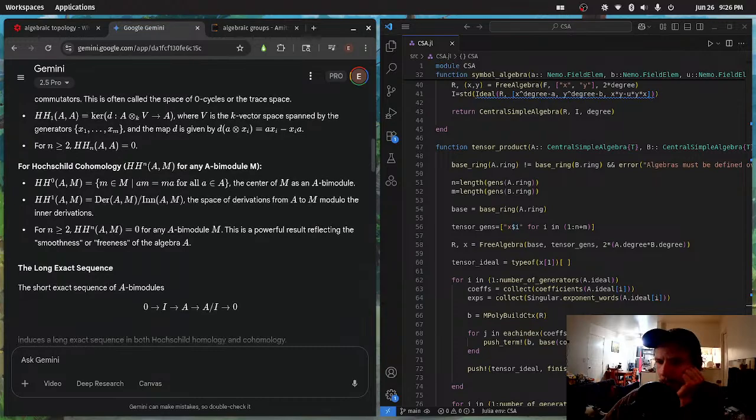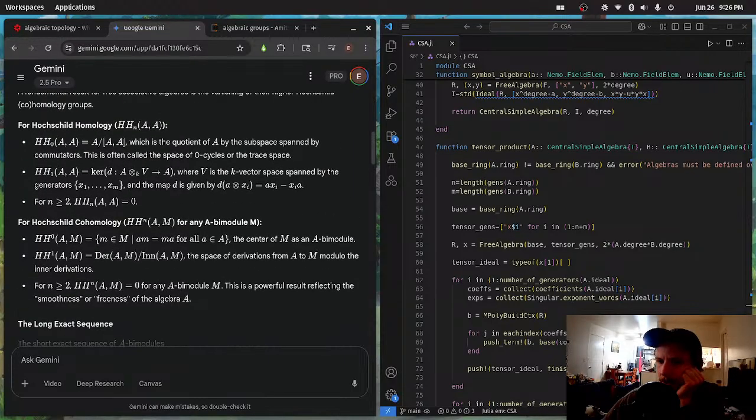So we're going to use some short exact sequence. And then in general, HH0, this is upper, derivations mod inner derivations. Maybe you could say something about the space of derivations.